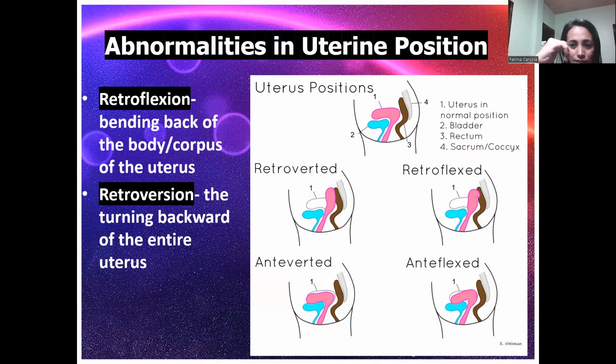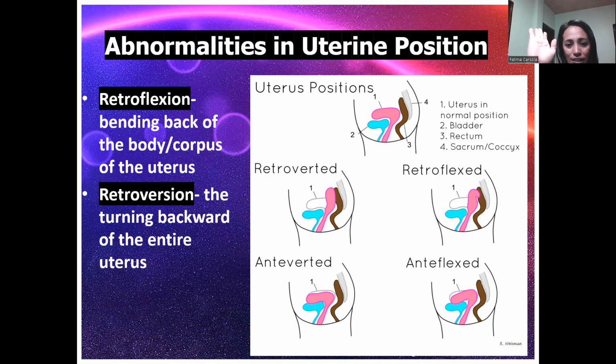When you say retroflex, okay. Sorry. When you say retrovert, it's from here, gumanon siya, and then retroflex pa ganon. When you say anteverted, okay, pag pwedeng anteverted pababa, anteflex pa ganon. So we have here, for example, this is the normal uterus. So we have here your anteverted, anteflexed, and retroverted, retroflexed.